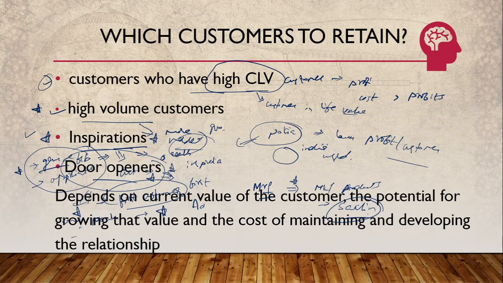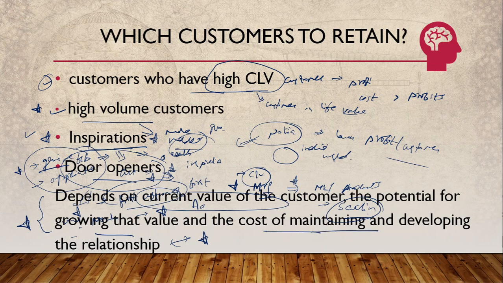Next, if you want to make a statement about which type of customer you should retain, it depends on the current value of the customer, the potential for growing that value, and the cost of maintaining and developing the relationship. So these are the other factors we should always see when trying to retain customers. Sometimes the current value of the customer might be low, but over the long run, which is the CLV, if it is high, then it's a good point to retain that customer.